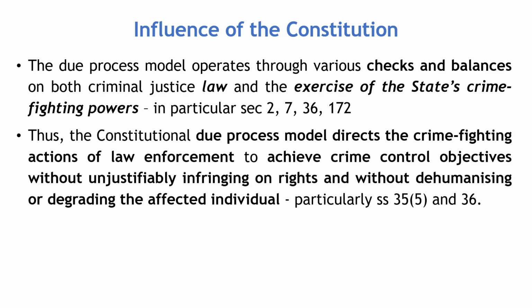So for that reason, we can say that the constitutional due process model shapes how participants in the criminal justice system exercise power and interact with anyone coming into contact with the criminal justice system. By effect, it promotes the achievement of crime control objectives, but through the reasonable and proportional exercise of crime-fighting powers, thereby balancing the interest of society in crime control with those of the individual.